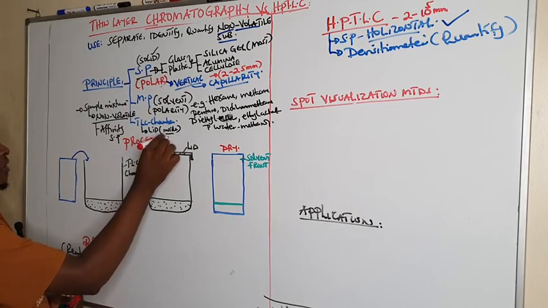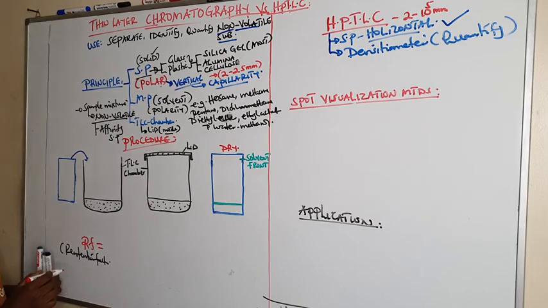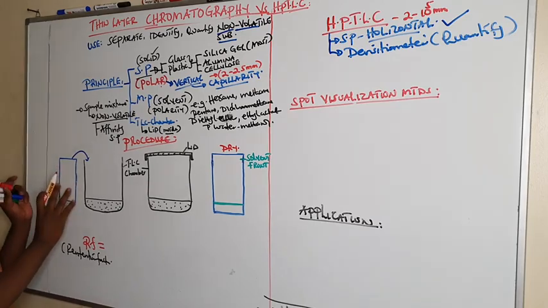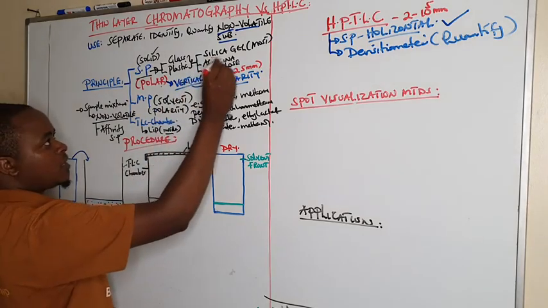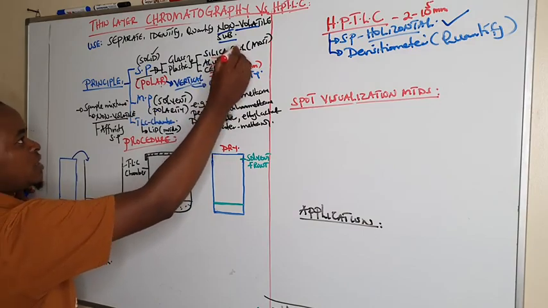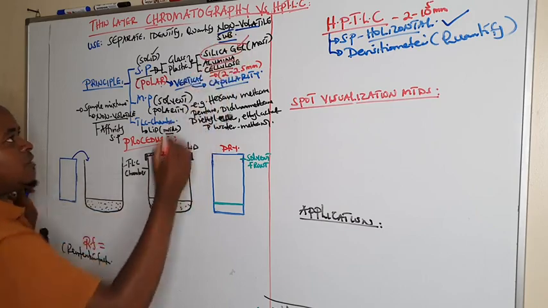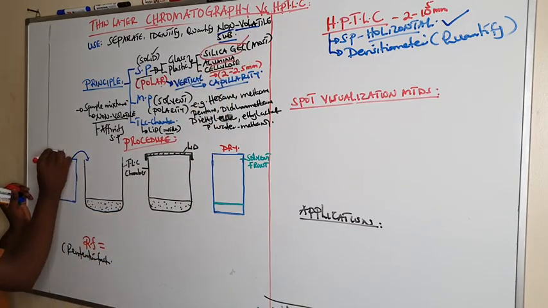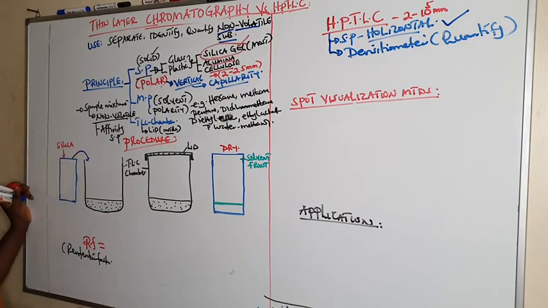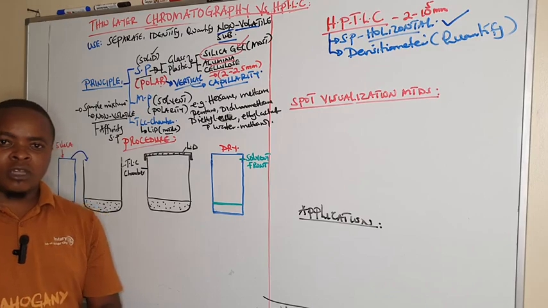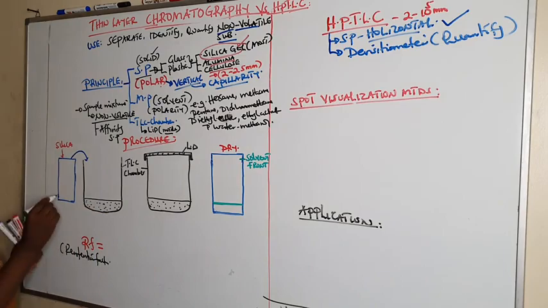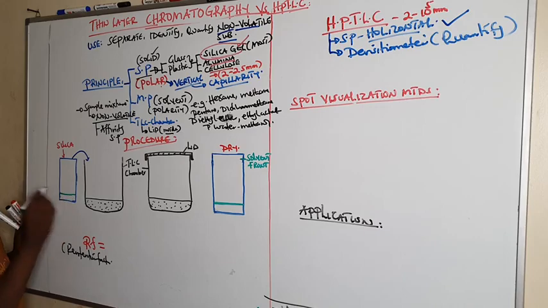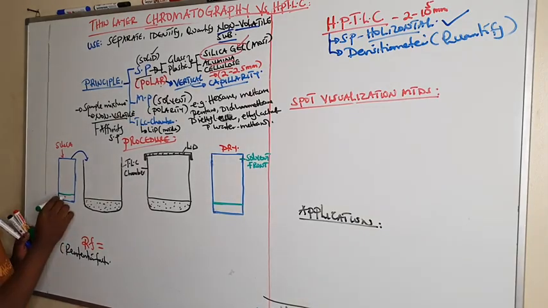So the procedure for this is that we are going to obtain a plastic plate or glass plate coated with either silica or alumina or cellulose. But as we said, more often we use the silica. So this one is coated with silica. For me, I'm choosing to use silica gel. After obtaining it, using a pencil, we are going to draw a line across, 1 centimeter from the bottom.